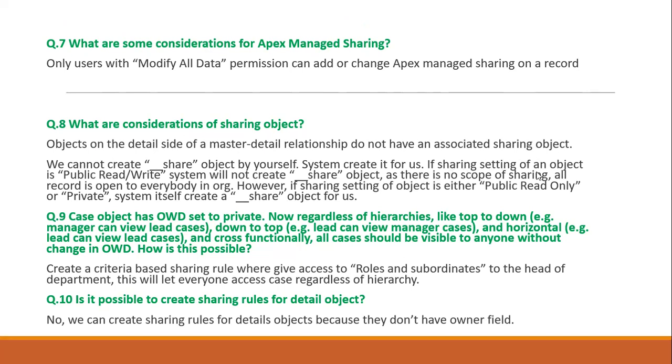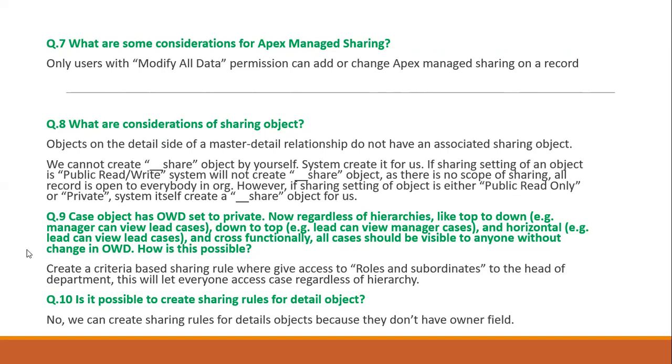If the sharing setting on the object is public read/write, the system will not create it, as there is no scope of sharing, since records are open to everybody. If the org sharing setting of the object is either public read only or private, the system itself creates a share object for us.